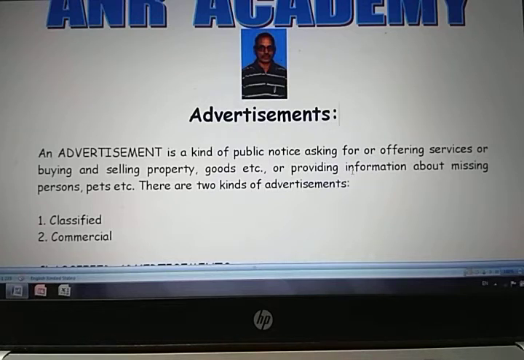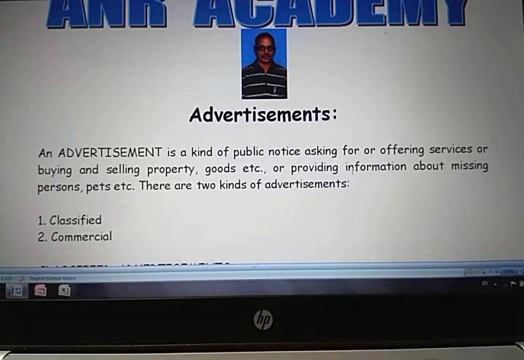So such advertisements are called commercial, very lengthy one. Each and every detail about that vehicle will be given. Maybe that advertisement spreads full page. Clear? That is called commercial advertisement in order to attract the people. Second one is classified.